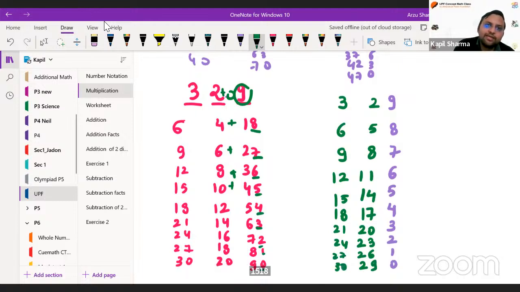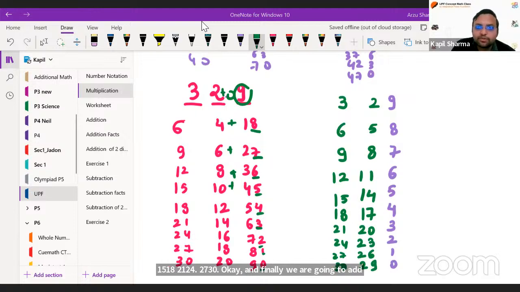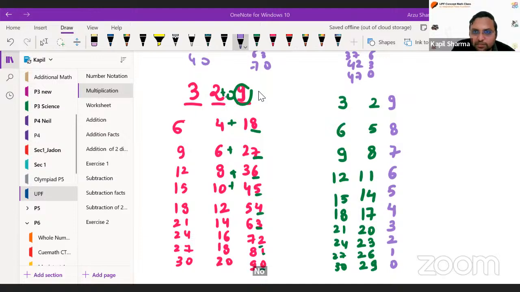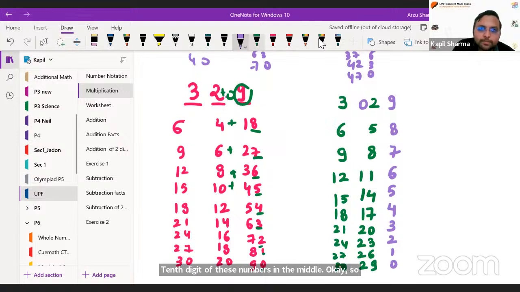Okay. And finally, we are going to add these multiples of 3 with the tens digit of these numbers in the middle. Okay. So here we can put a 0 because there is no number here. So put a 0 here.